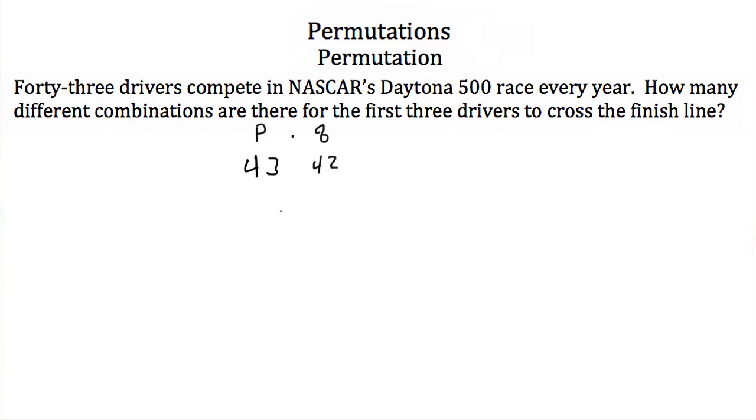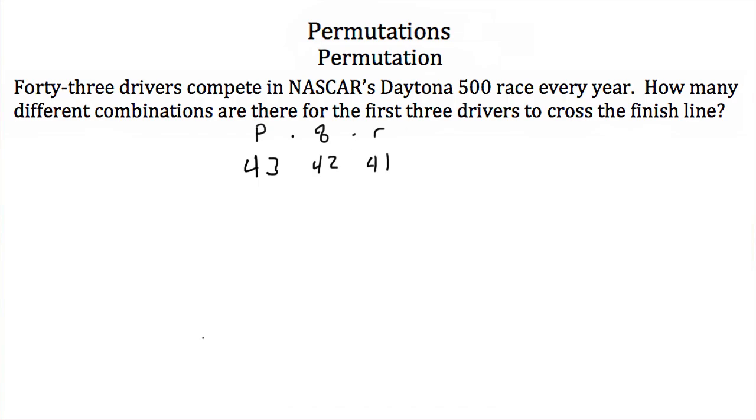There's 42 because whoever came in first is no longer racing. So once somebody finishes first, then there are only 42 drivers left out on the track. And then for third place, say that's R, there would only be 41 drivers possible to come in third place.